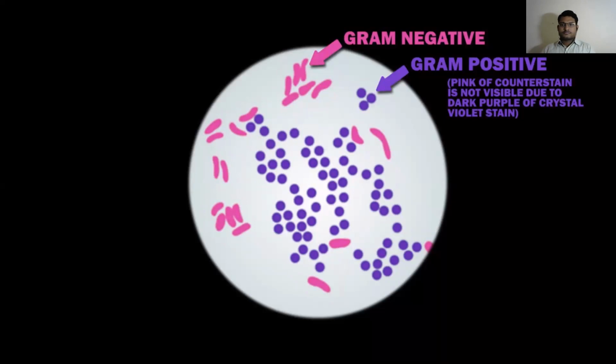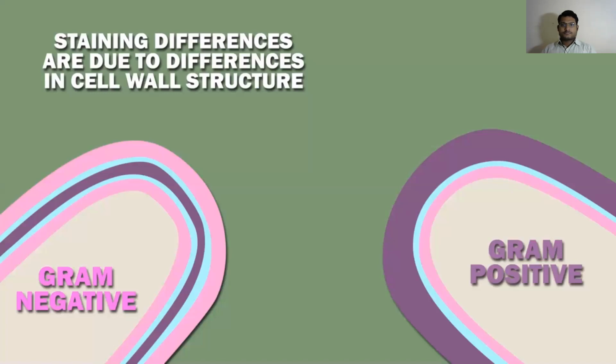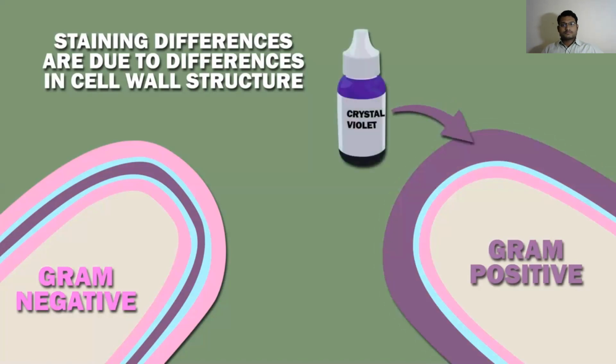However, this is not visible when they are dyed with the darker purple color of the crystal violet stain. The reason for these staining differences is due to differences in cell wall structure, which is the chief difference between gram-positive and gram-negative bacteria. The gram stain detects peptidoglycan, and since gram-positive bacteria have a thick multi-layered peptidoglycan layer, they retain the crystal violet dye.